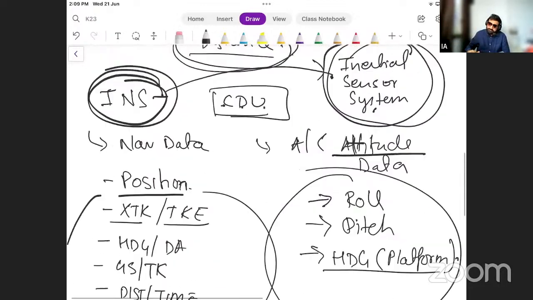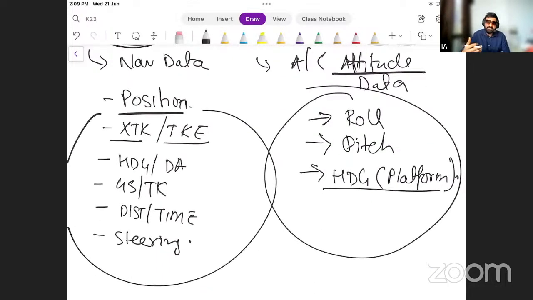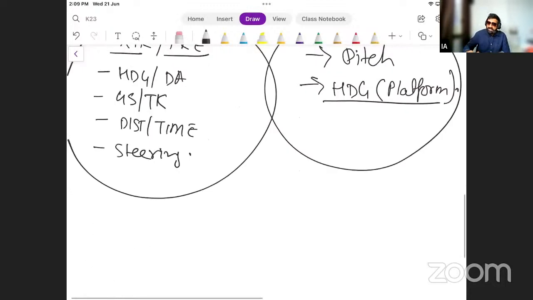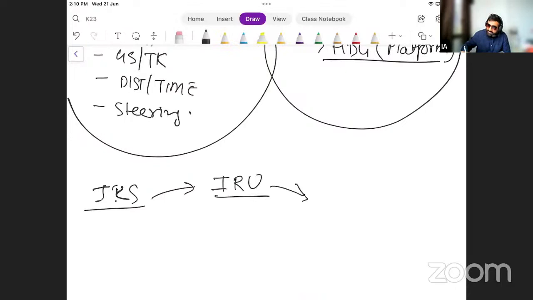Now, the problem with INS is that it is mechanical and it takes extra time to be stabilized. Remember, every gyro needs to develop that rigidity, so it needs time to stabilize. Plus, there are a few more errors. Now, in order to advance the system, INS was modified into IRS, Inertial Reference System. The sensing unit was called Inertial Reference Unit. Inside the Inertial Reference Unit, I have 3 accelerometers.